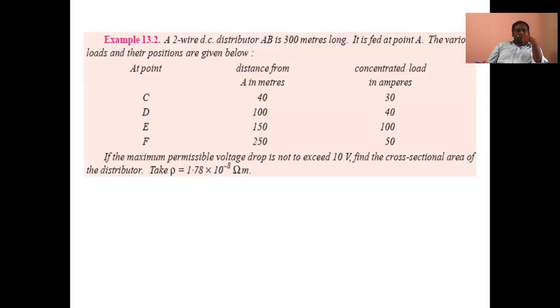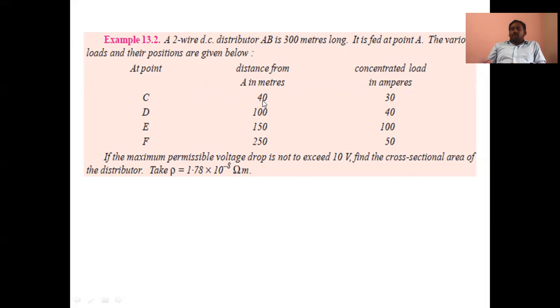Universal problems. So see here, a two-wire DC distributor AB is 300 meters long. It is fed at point A. The various loads and their positions are given below. At point C, distance from A is 40 meters.